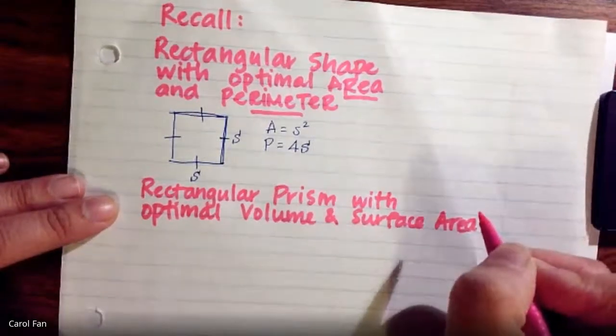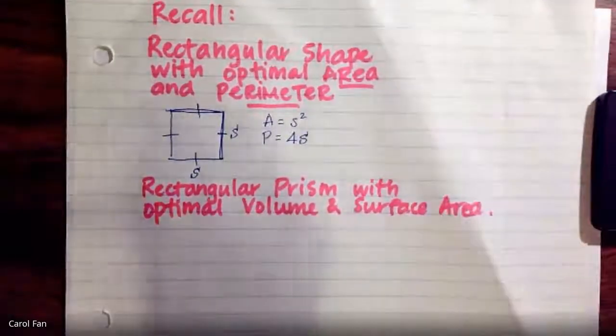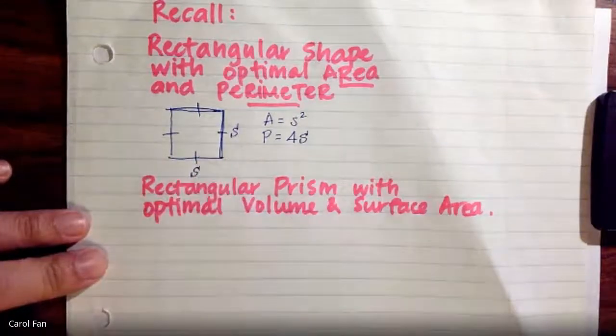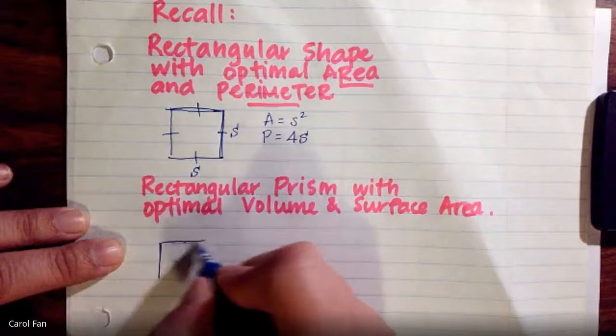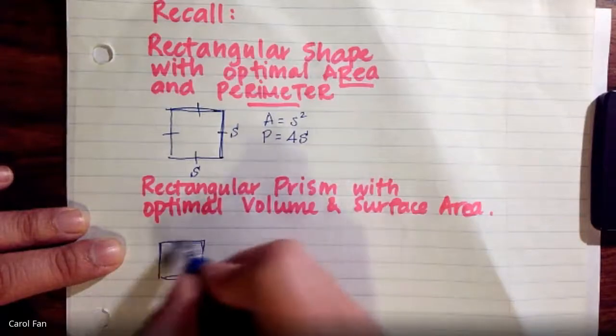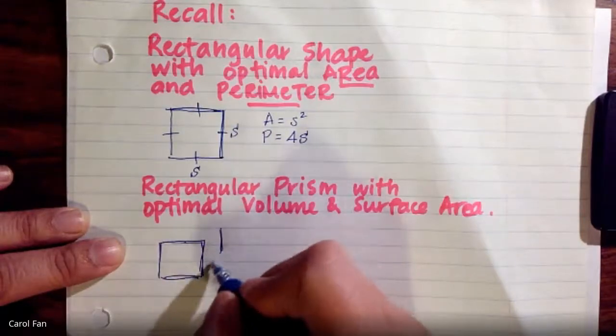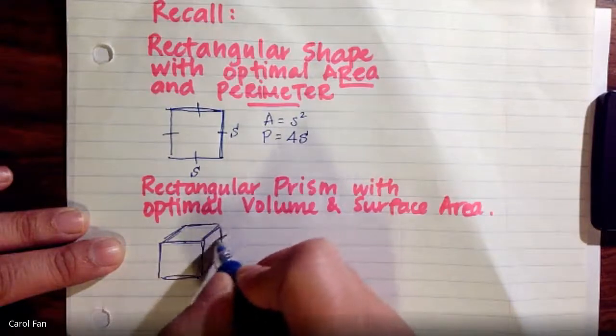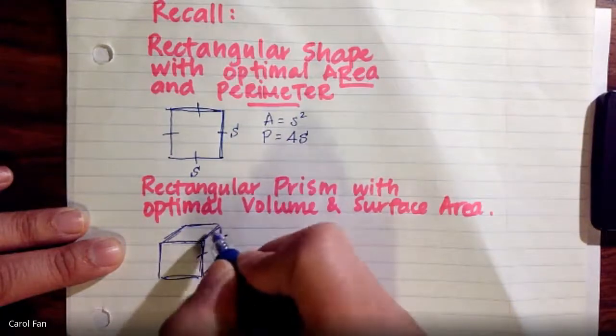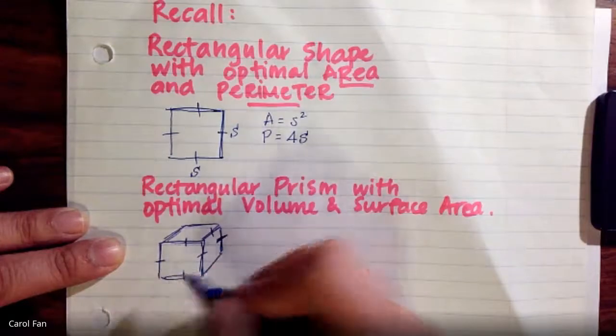It would become a cube, because it's like taking our square and extending it to make it three-dimensional. So every single side is the same.